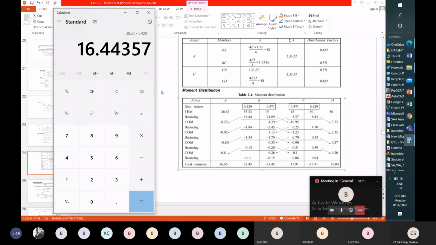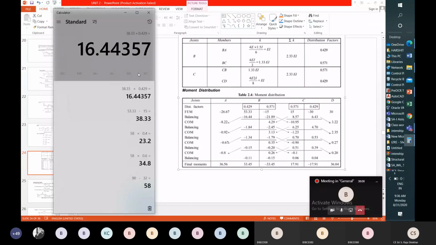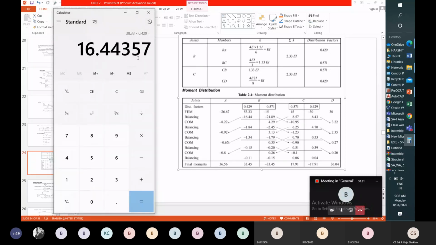Similarly, 38.33, this is the unbalanced moment, multiplied with the distribution factor for the member BC, that is 0.571. 38.33 multiplied with 0.571 is equal to 21.88.